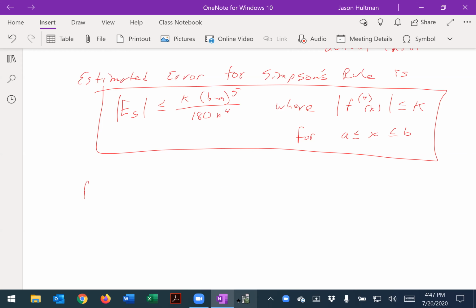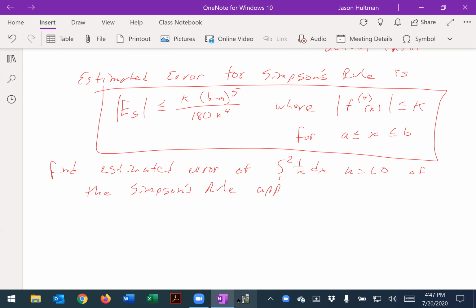So f of x is equal to... find the estimated error of the integral from 1 to 2 of 1 over x dx for n equal to 10 this time, of the Simpson's rule approximation.